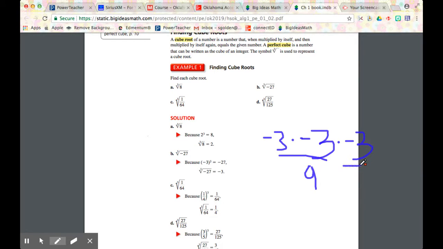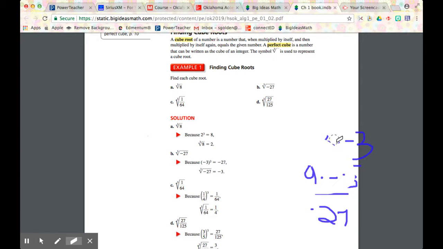But then you still have times one more negative. 9 times negative 3 is negative 27. So when it's cube root, you can have negatives. When we have a negative inside the cube root, that means your answer is going to be negative. So whenever we see the cube root of negative 27, we know 3 times 3 times 3 is 27, and we know it's going to be negative. So our answer on that one is negative 3.